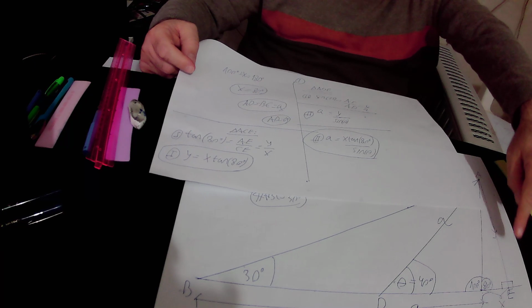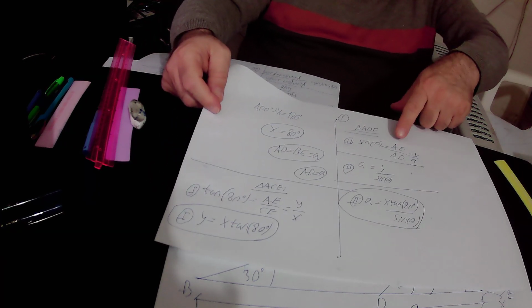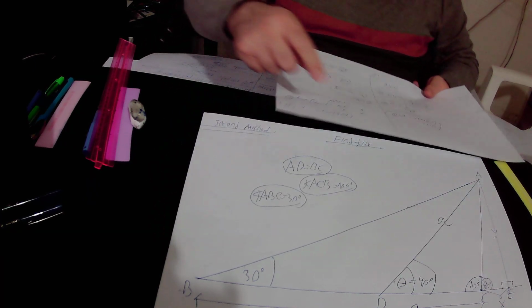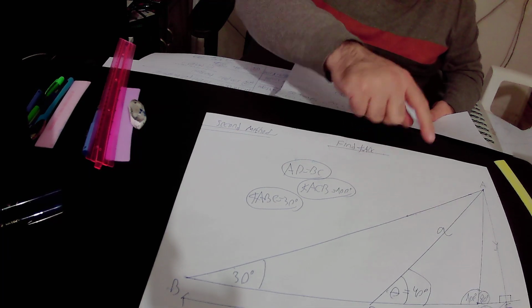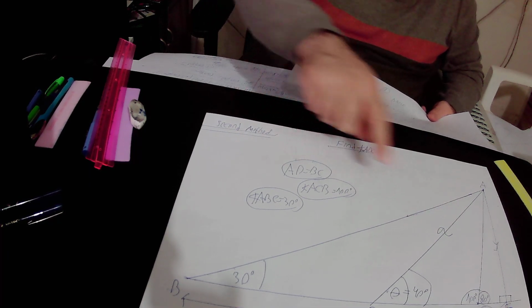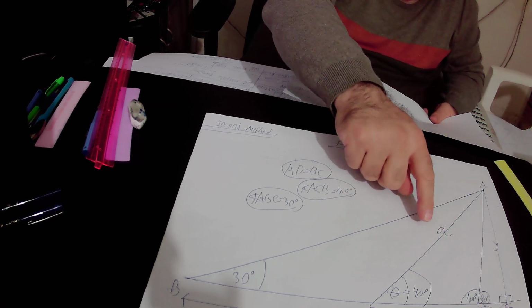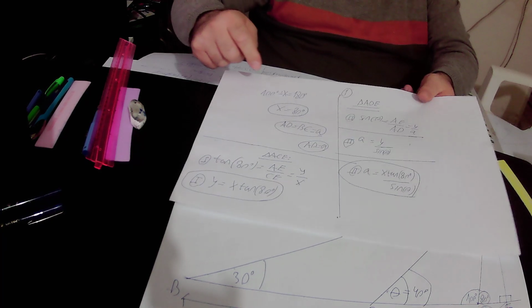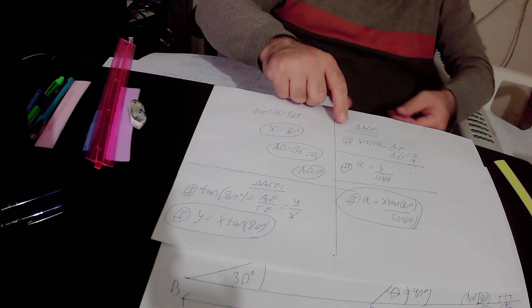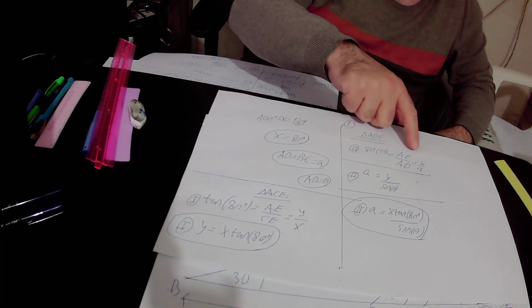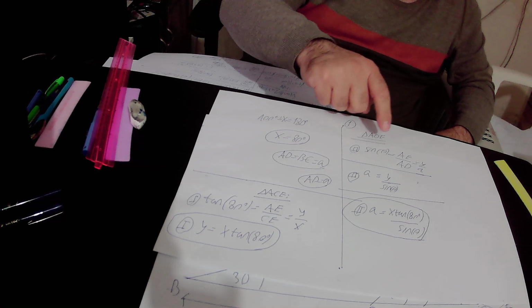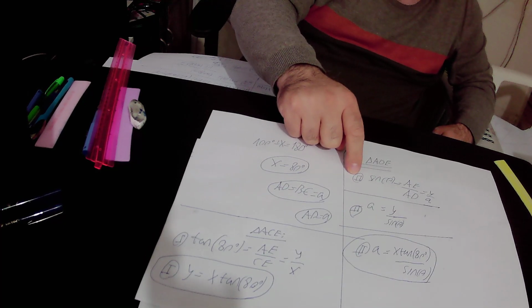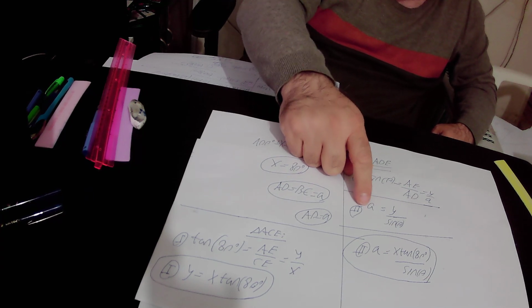AE equals Y according to our definition. AD equals A, because BC equals AD and BC equals A, so AD will also be equal to A. So according to equation number 2, sine theta equals Y over A. Here we multiplied equation number 2 by A, and then we divided it by sine theta, and we got that A equals Y over sine theta.